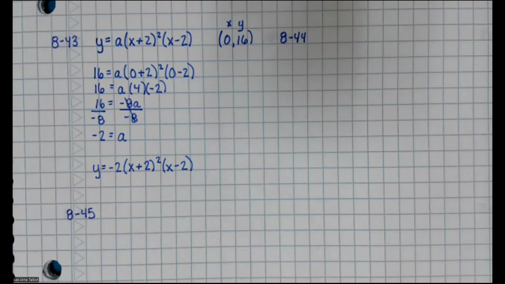I'm only going to ask you to do that one time today, but we need to practice it because last year I didn't practice it enough and almost everyone, including my smartest students, forgot to distribute the a value at the end and got a point off. So I can't have that. Okay, so I'm going to put up the graph for 44. Write down the equation based off the roots with a, get a point, plug it in, solve for a, multiply it out to get standard form.